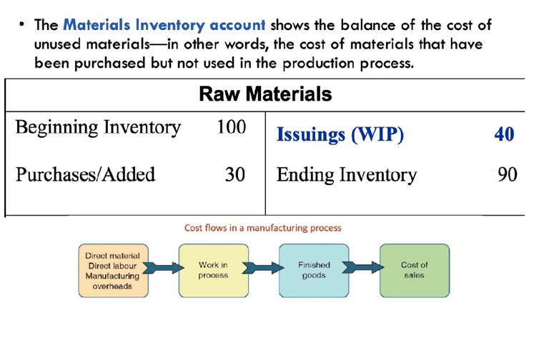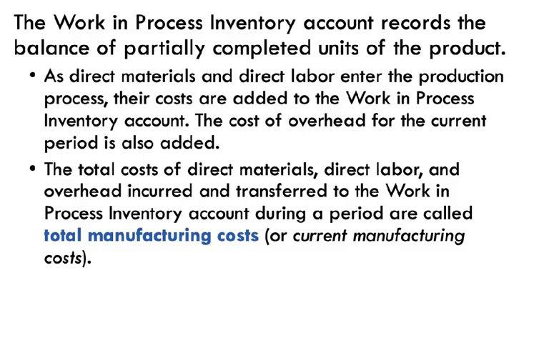So very important, you start with beginning or opening, add purchases, less that you transfer to work in process, and then you will end or you will balance it with a closing inventory. Now, when we transfer the raw materials to inventory, we will call that raw materials now direct materials.